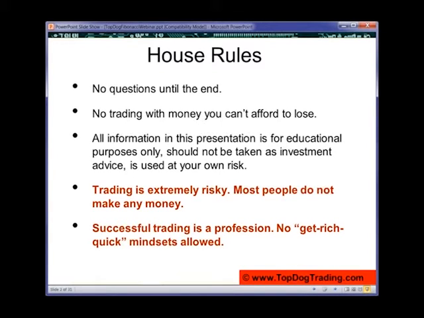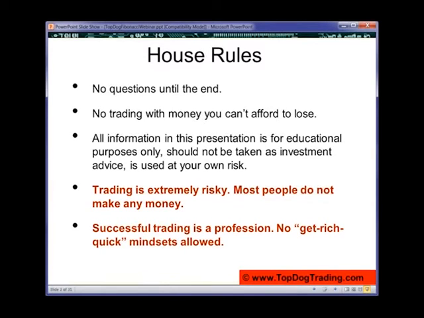Also, very, very, very muy importante: no trading with money you can't afford to lose. That means, please, in the name of all that is holy, do not trade money that you need to put a roof over your family's head, food on the table, gas in the car, for your retirement account, for your kids' college education.